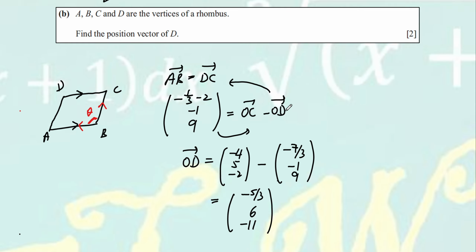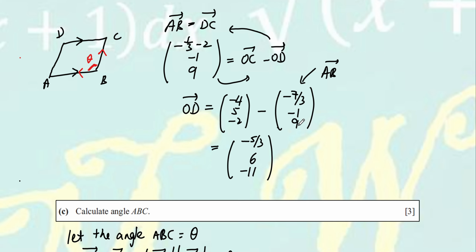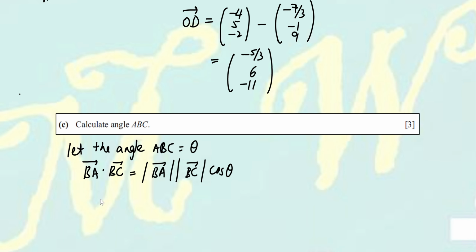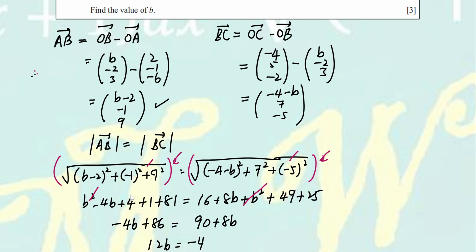So BA, go back to the previous part. Okay, this is your AB. You know that AB and BA just the opposite direction. So means I times minus to the whole vector. So first two value will be positive and the 9 will be negative. So this is 7 over 3, 1, negative 9. And then my BC we have solved just now.